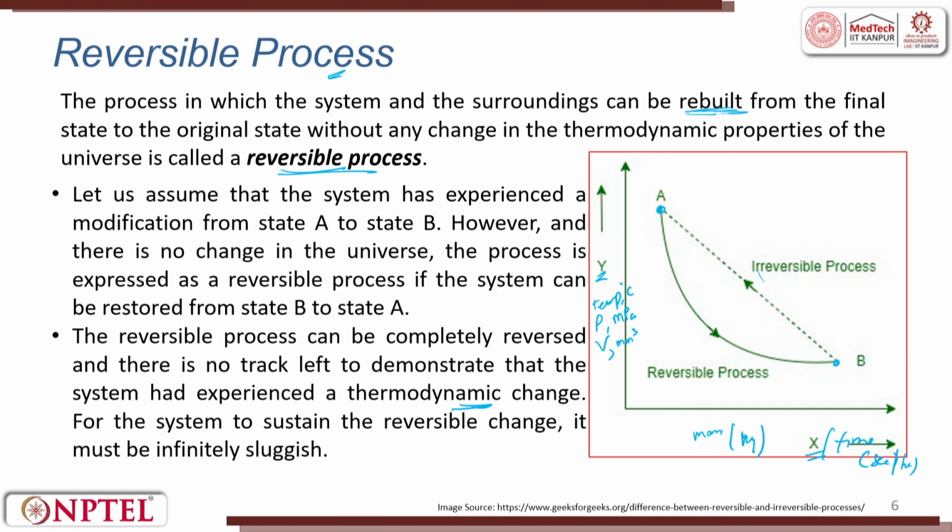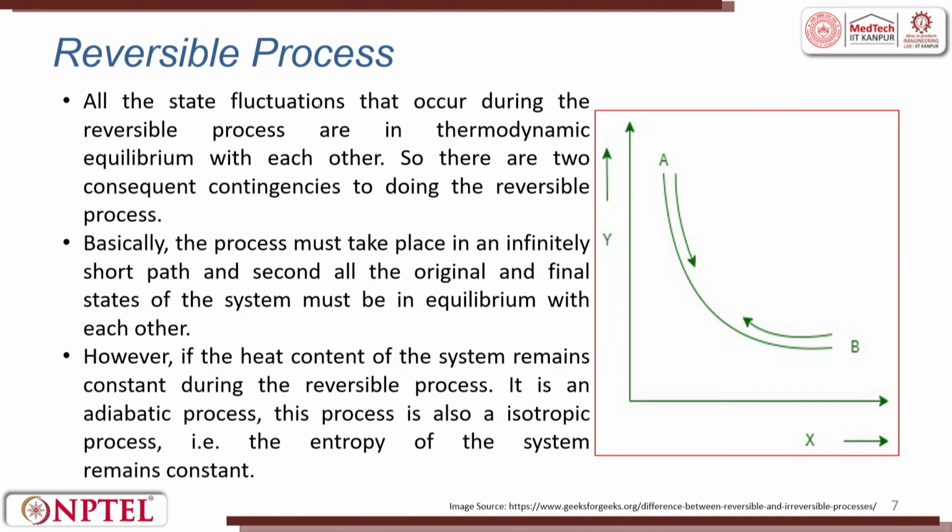For the system to sustain the reversible change, it must be infinitely sluggish, but generally it is always irreversible. All the state fluctuations that occur during a reversible process, A to B, B to A, are in thermodynamic equilibrium with each other. So, there are two consequent contingencies to doing the reversible process.